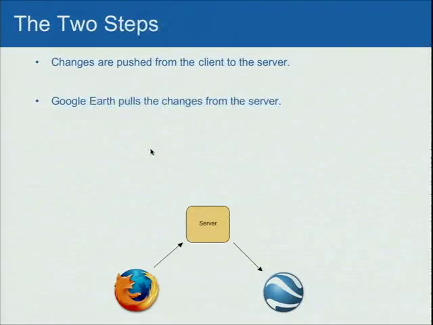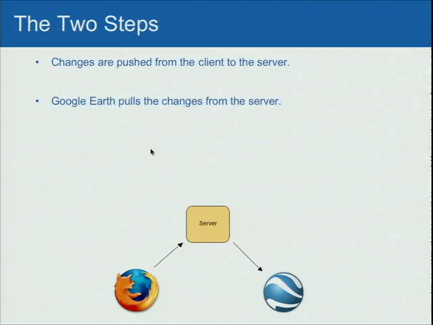Right. So, assuming that we had geolocated it, how did it work? Basically, the simplified version is you make changes on the web page, they get pushed to the server, and then Google Earth is constantly pinging the server through that network link you saw, and those changes are pulled to Google Earth from the server.